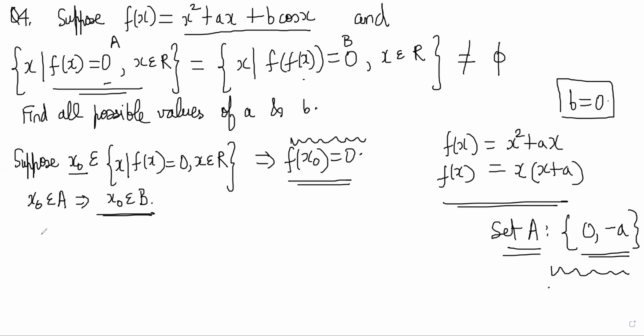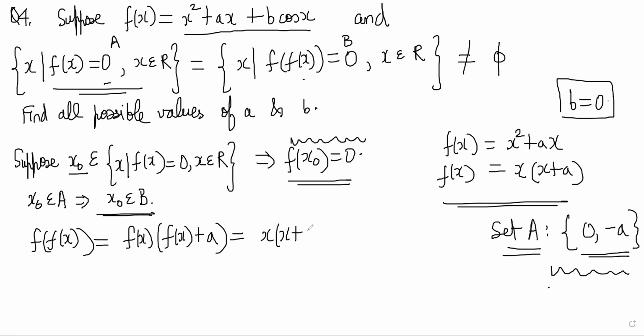So now let's look at f of x. f of f of x becomes f of x into f of x plus a, which becomes x into x plus a, and inside you can multiply and get x squared plus ax plus a, right? Now, if we want to find the set of elements of set B, we have to say f of f of x is equal to 0.